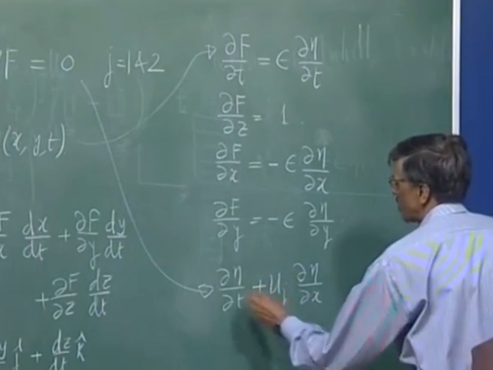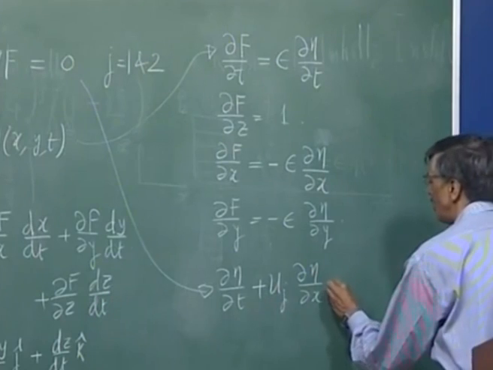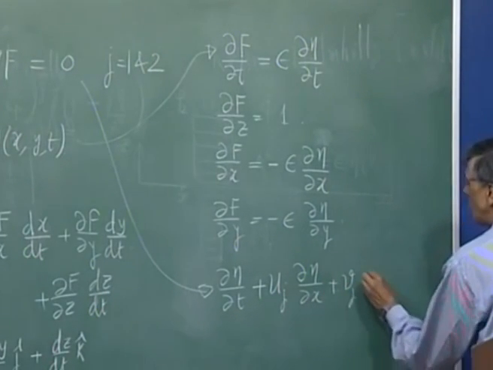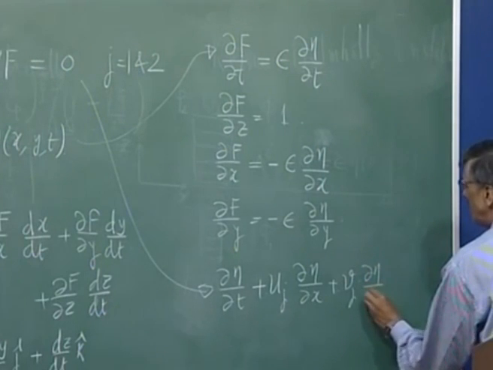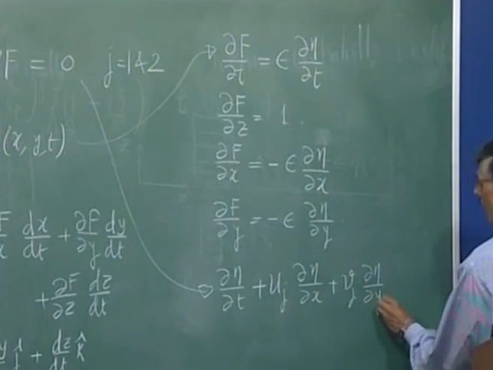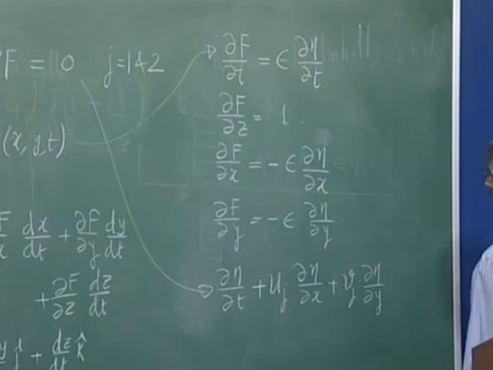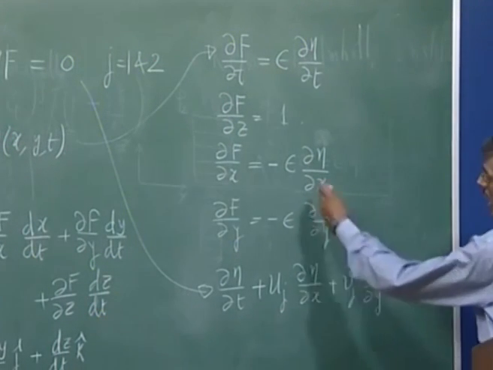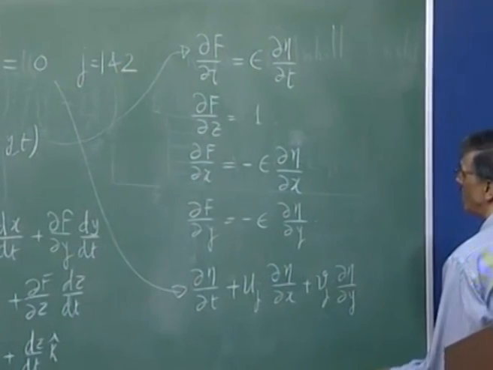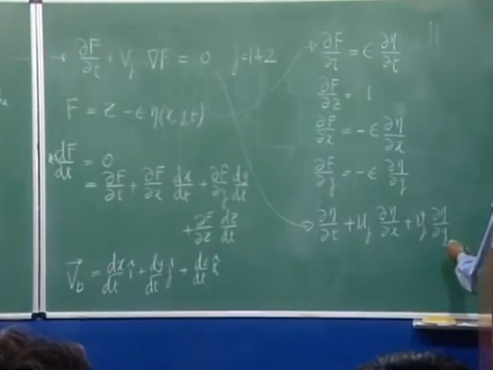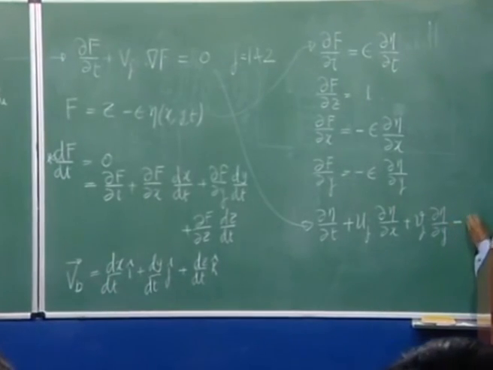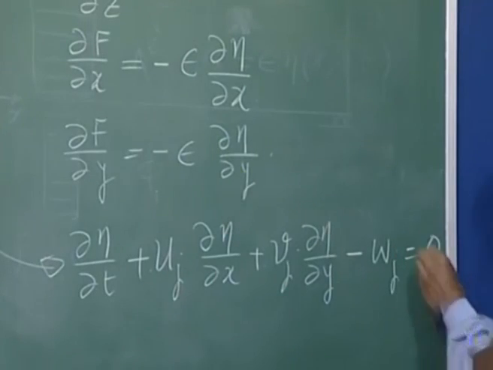Since I have epsilon everywhere, I am not writing it, and V j will be times del eta del y, and I will have W j, and since I have taken a minus sign everywhere, I get minus W j equal to 0.